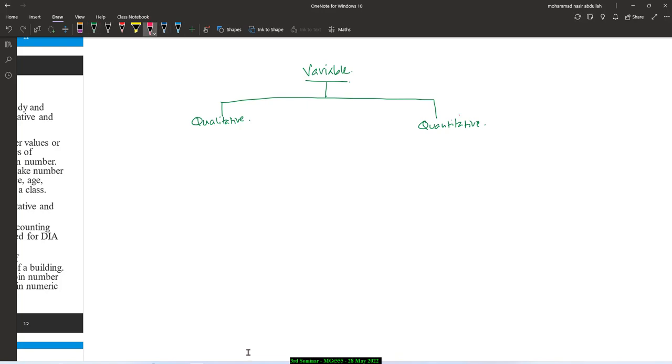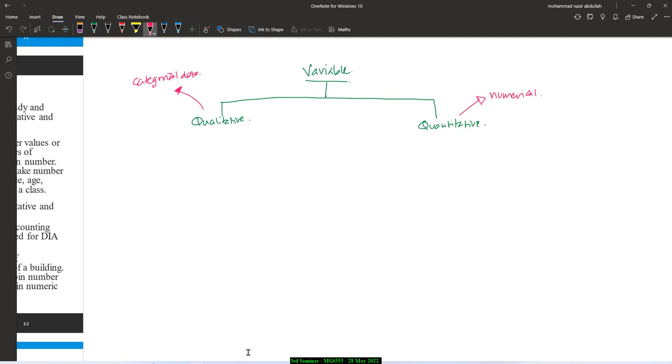So quantitative is numerical, means numbers. For example, height 1.65 meter, 1.75 meter, right? So that is numerical. Qualitative is something that we cannot measure, but we can identify. This is what we call a categorical data, or categorical variable.